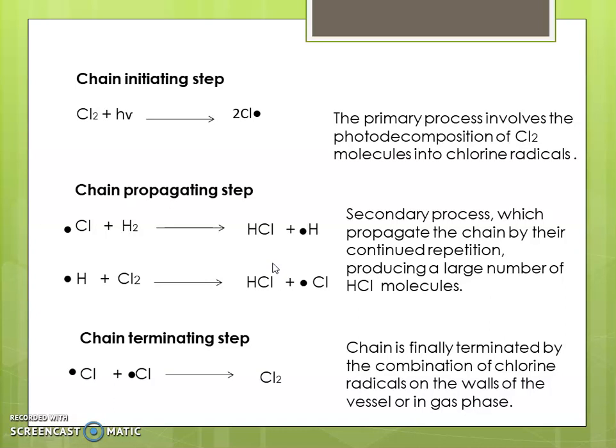So we can say that this photochemical reaction has high quantum yield by these two chain propagating steps.